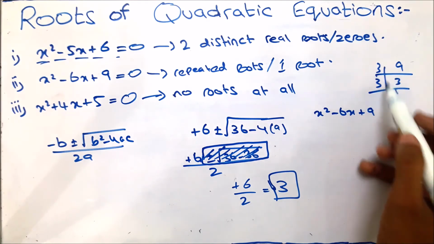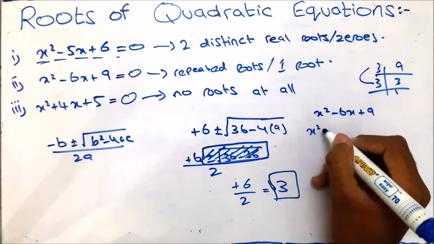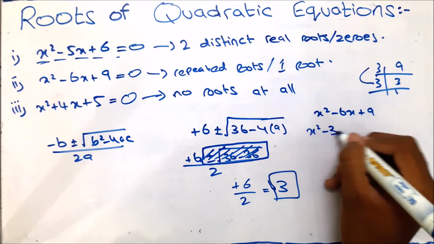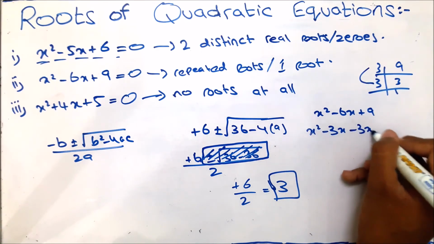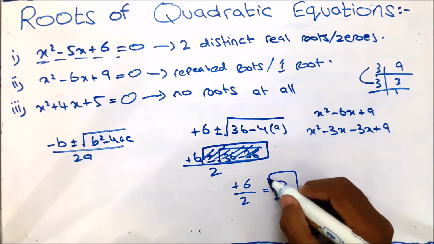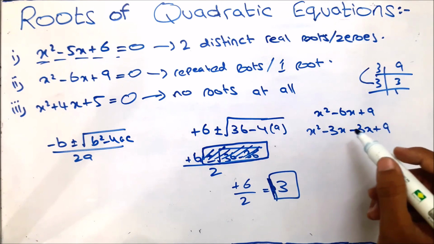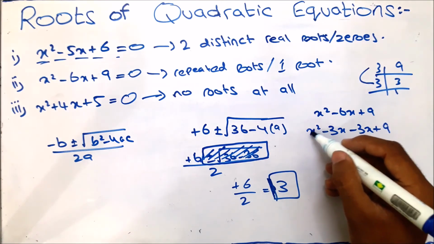So we have two such numbers. We get x squared minus 3x minus 3x plus 9. I did that quickly because I already taught the factoring method in a different video. You can check its link in the description below.